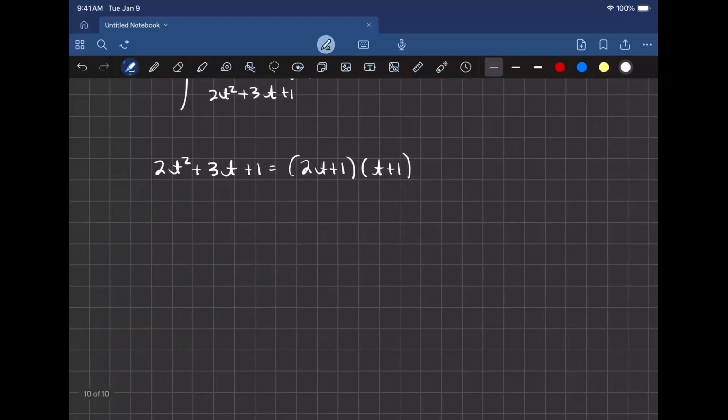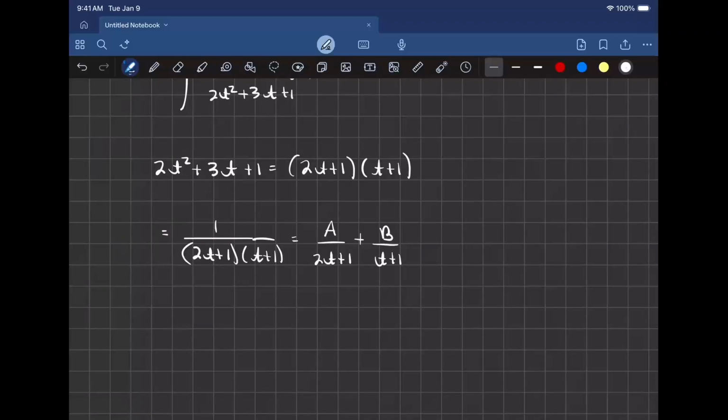Now we have linear factors, so we'll set it up as 1 over 2t plus 1 times t plus 1 equals a over 2t plus 1 plus b over t plus 1. So now we'll solve 1 equals a times t plus 1 plus b times 2t plus 1.